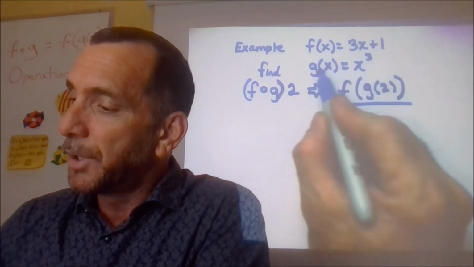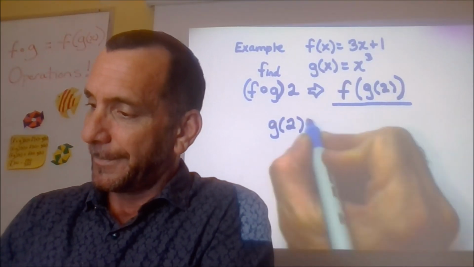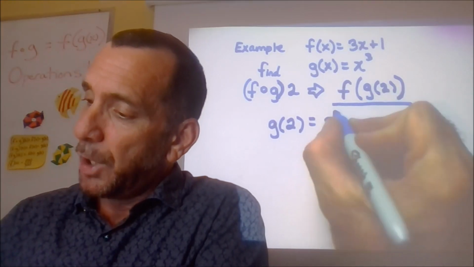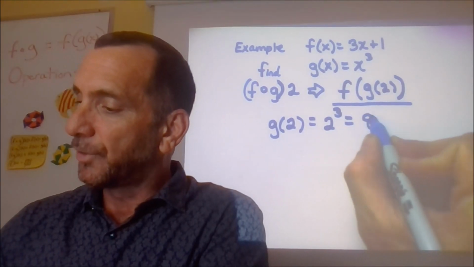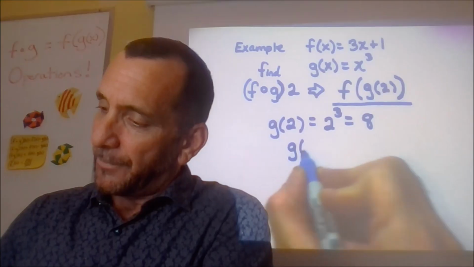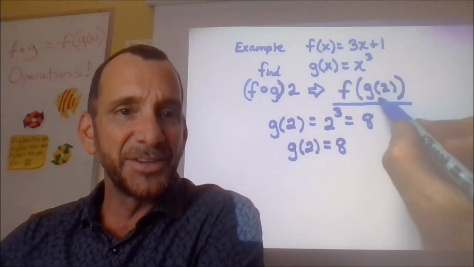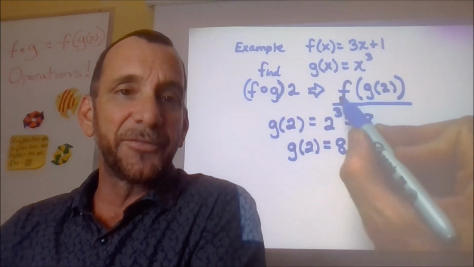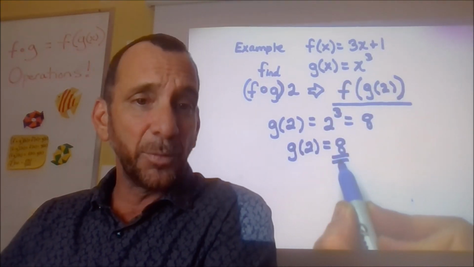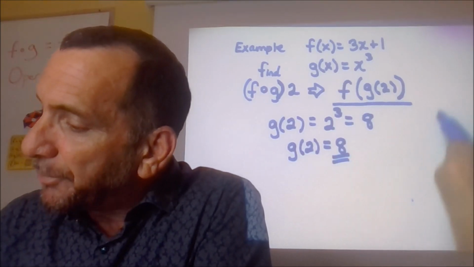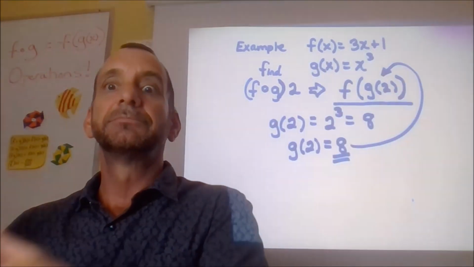We want to plug 2 into the g of x formula. So we'll say g of 2 equals 2 cubed. And we all know from experience that 2 cubed equals 8. So I've done the first part, g of 2 equals 8. That's in the parentheses. So really, if we want to find f of g of 2, we're taking the result or the output from g of 2, and we're plugging it right on in to the f of what?